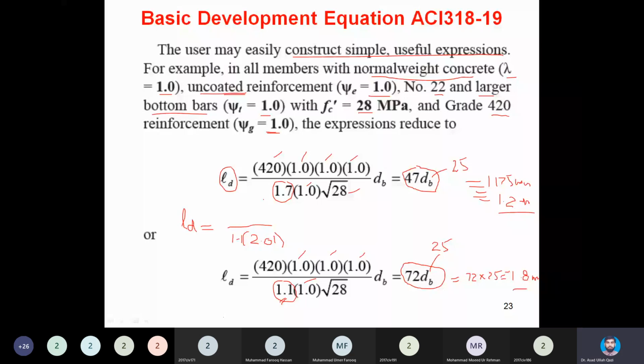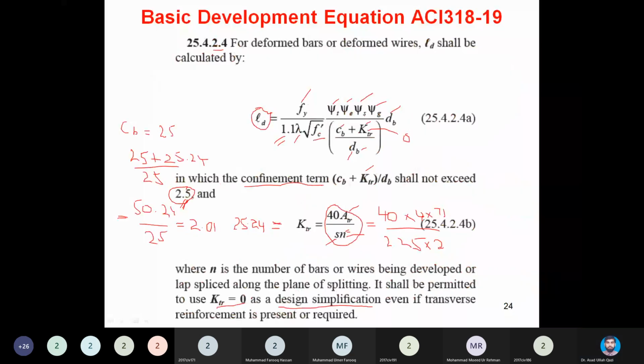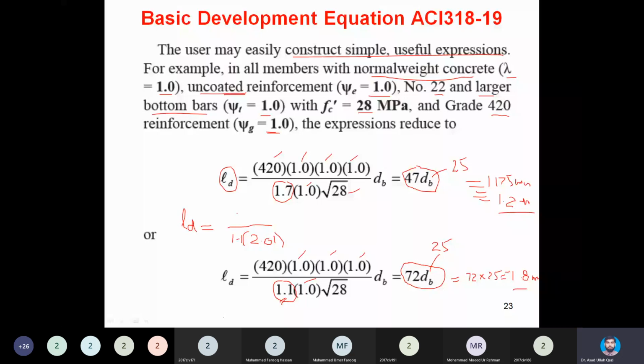Psi s I also will take as 1 because I am selecting number 22 and larger bar, so Psi s will also be 1. So can you apply this more exact equation 2.4 and tell me how much is the LD?